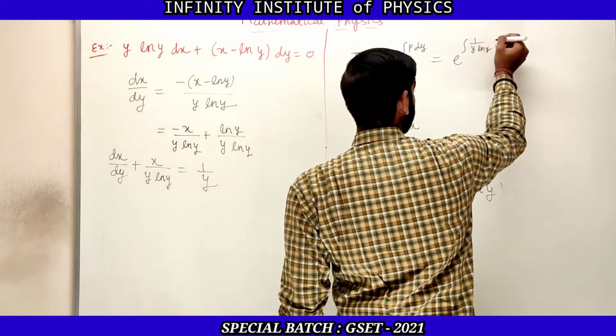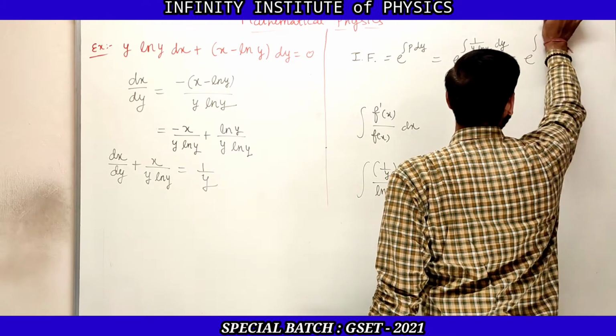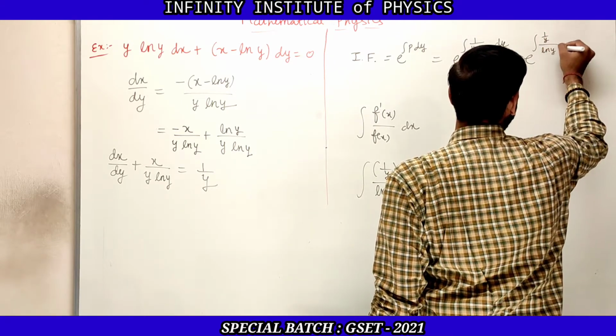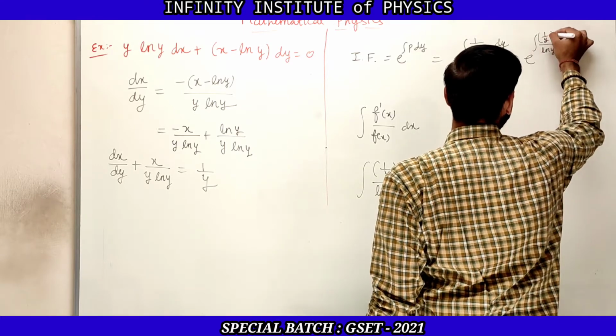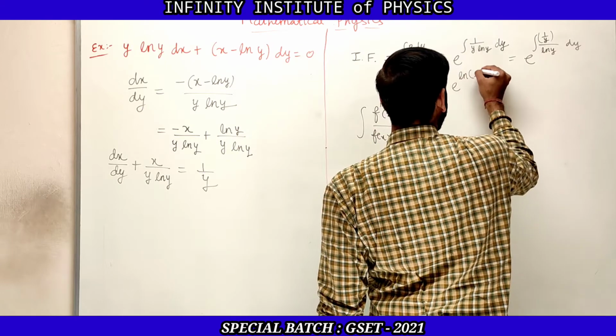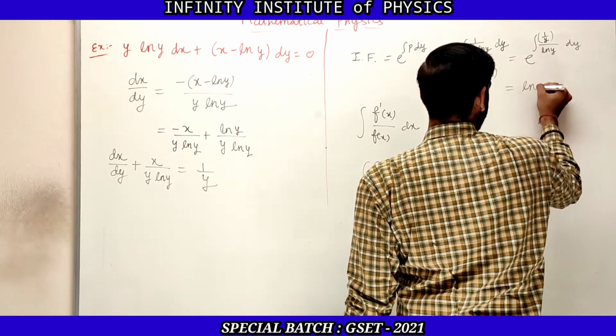So this is e raised to integration of 1 upon y log y dy, and that is e raised to log of log y, and that is only log y.